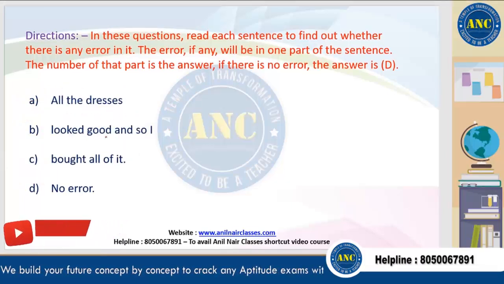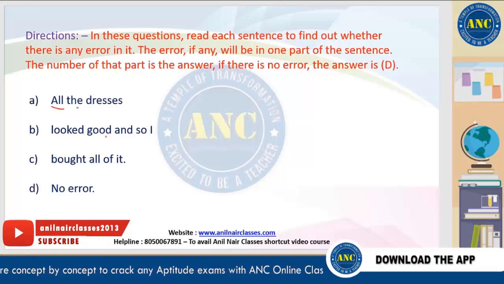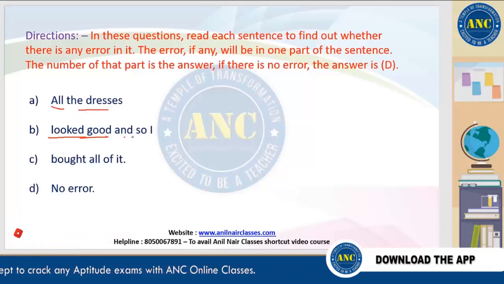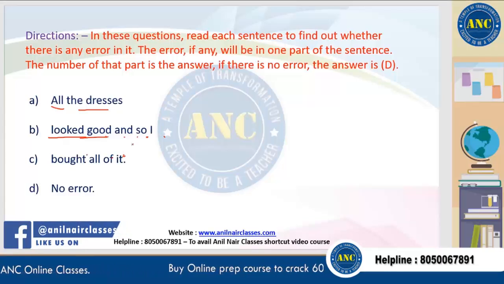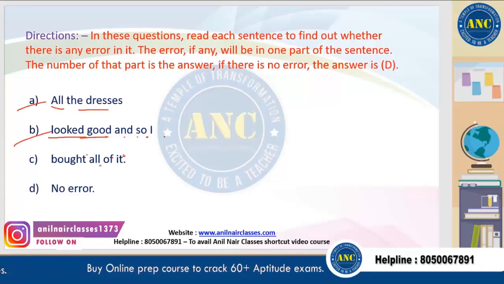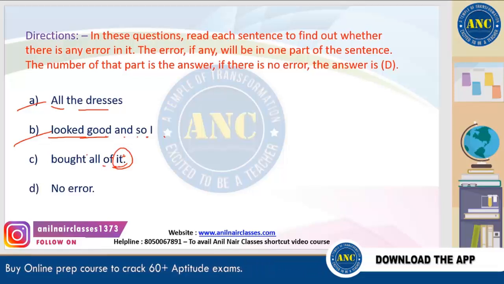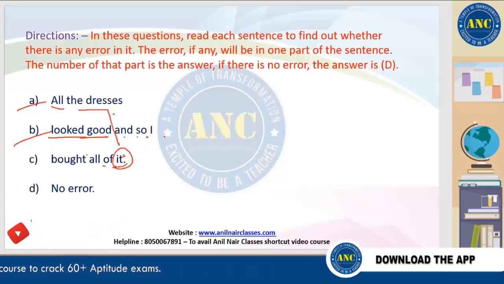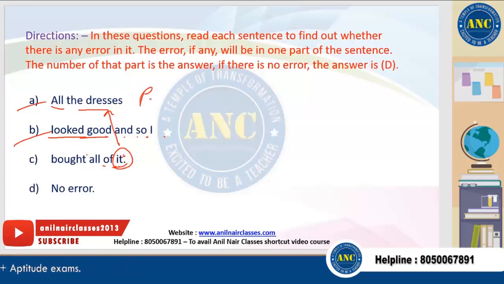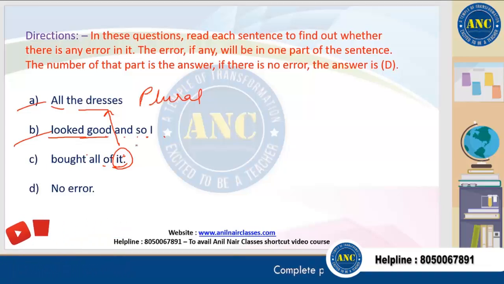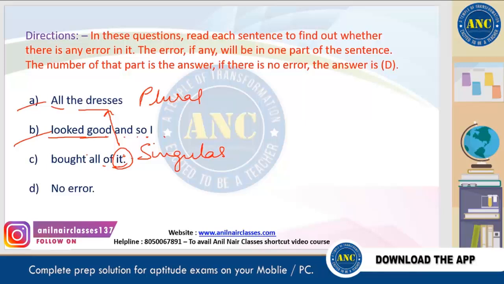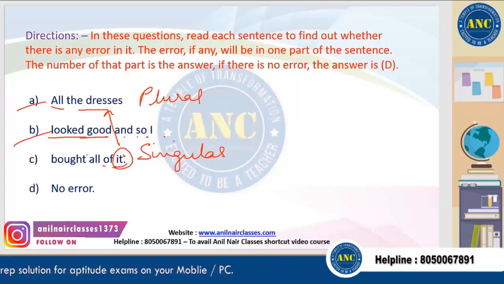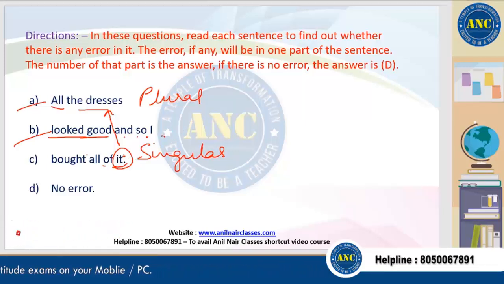Next question. All the dresses looked good. That's fine. And so, I bought all of it. Now here, till here everything is fine. I bought all of it. It is a pronoun. It refers to dresses. Consistency is not there. Dresses is plural, this is singular. So now you should understand and identify that whenever a pronoun is there, I have to look for the noun or pronoun to which it refers, and the consistency has to be there in the form of singular, singular, plural, plural.